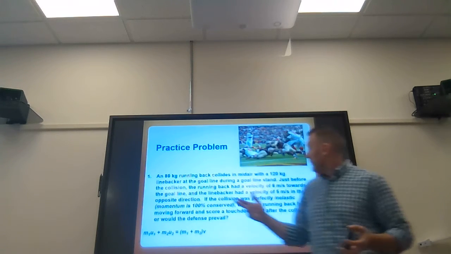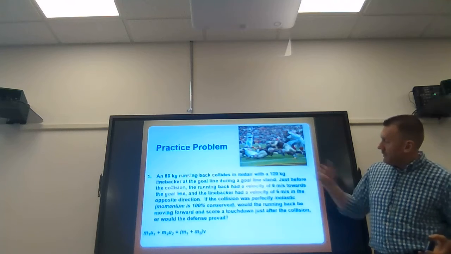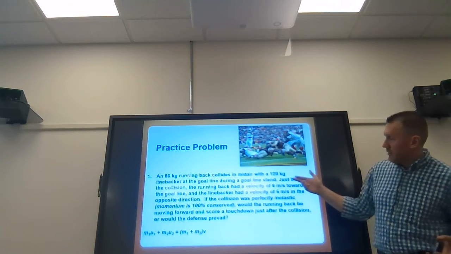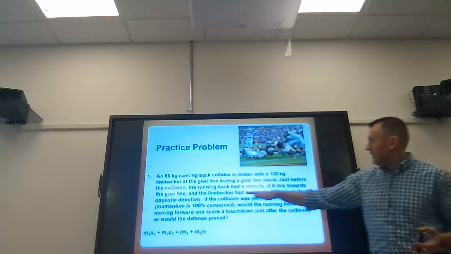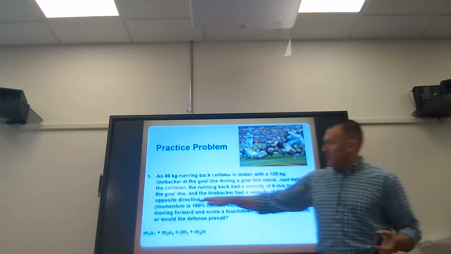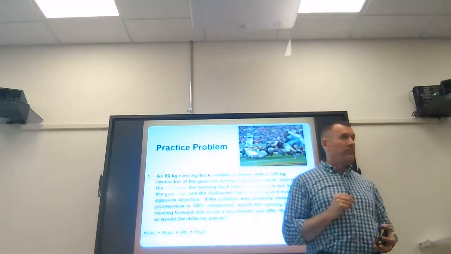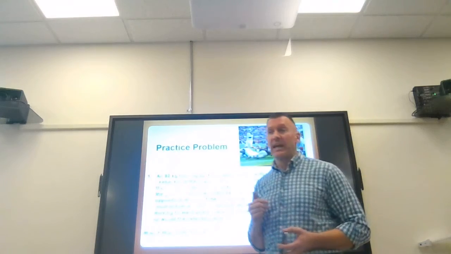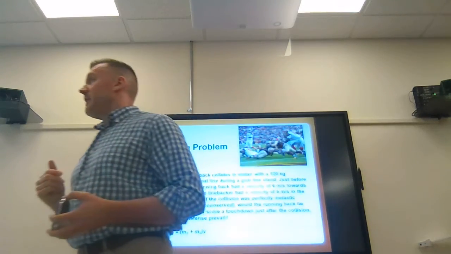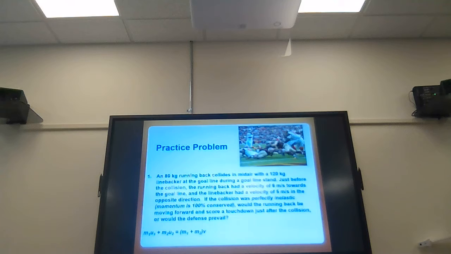Plus 120 kilograms. The linebacker had a velocity of 5 meters per second in the opposite direction, towards the goal line. So that 5 meters per second is in the opposite direction, so it's negative.